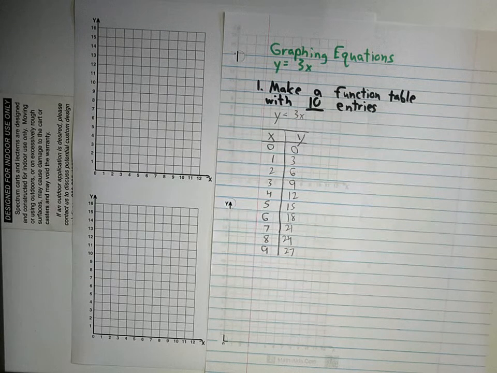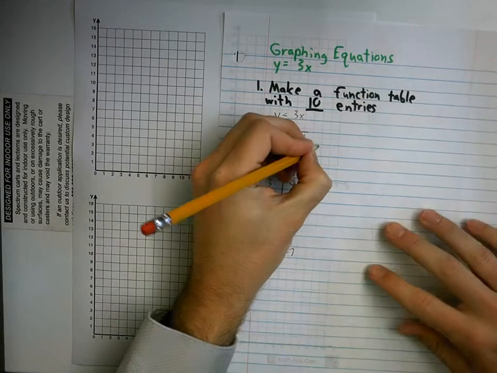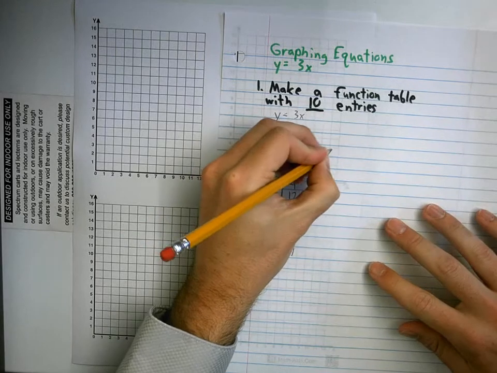Can I make these into ordered pairs now? Yes. I'm going to come over here and make them into ordered pairs. 0 and 0.